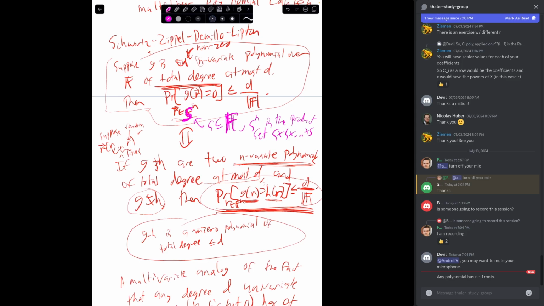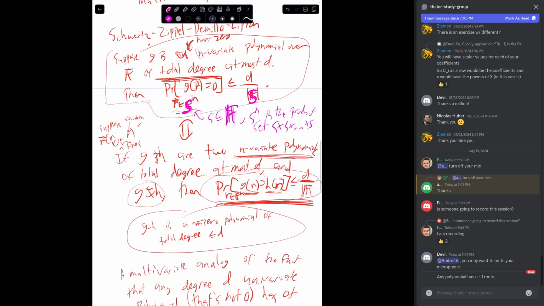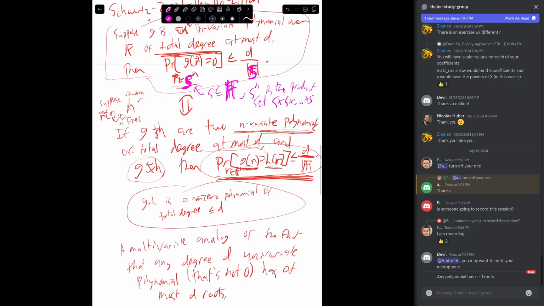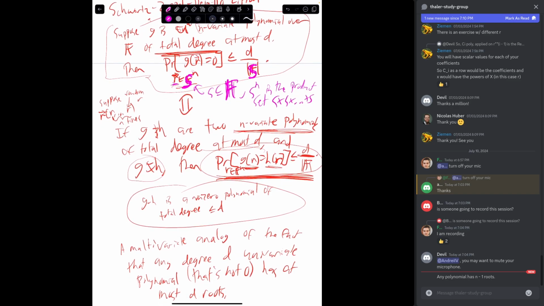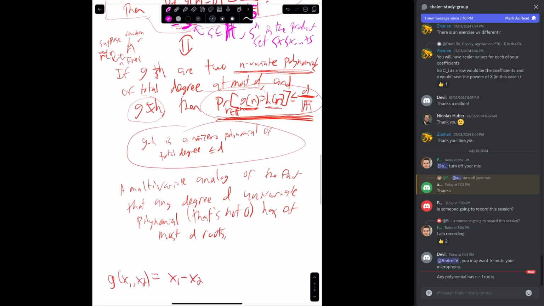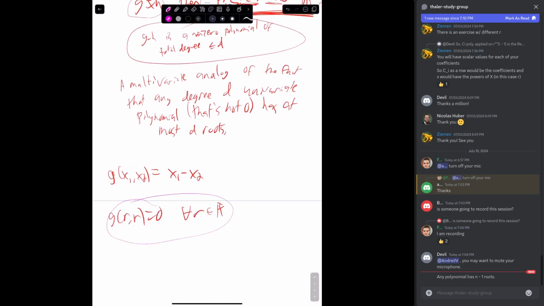Then Schwartz-Zippel does hold, and size of field just gets replaced with size of S. But if you don't have independent coordinates of r, so if r isn't chosen from a product set, as this shows, you can get probability 1 that g of the quote random input is 0, even though g itself is not the zero polynomial and has very low degree.